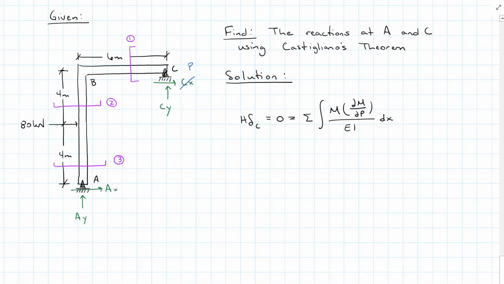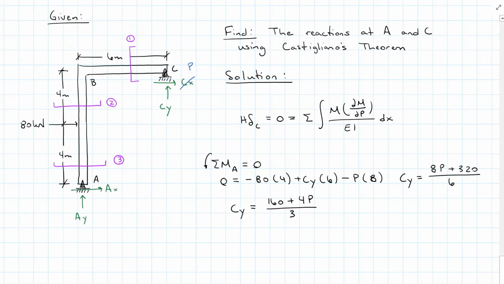Same goes for section 3 between the load and pin A. Since I'm taking everything towards C, I'm going to sum my moments about A to get Cy in terms of P. And I get Cy to equal 160 plus 4P divided by 3.